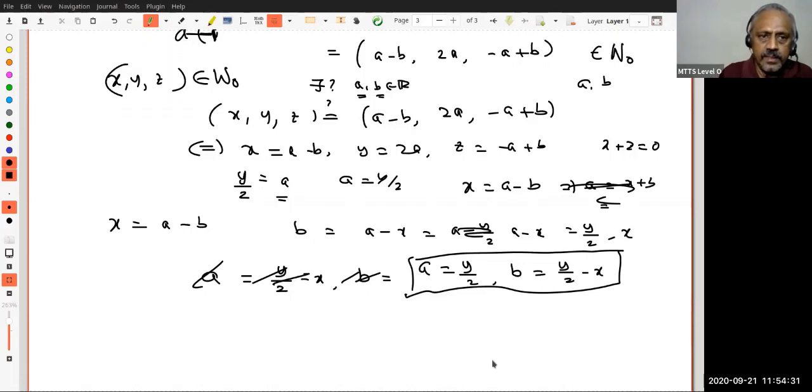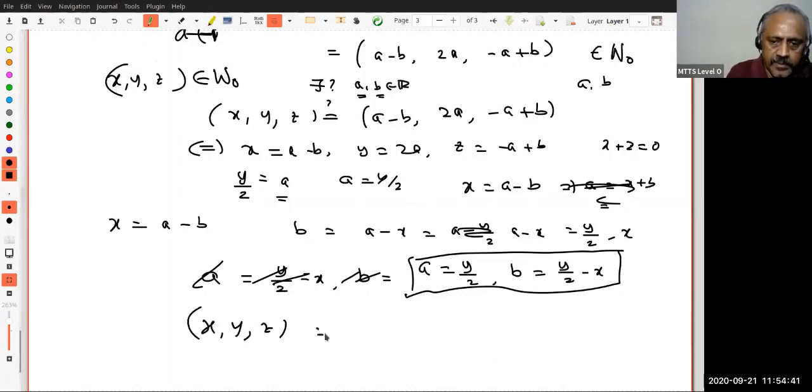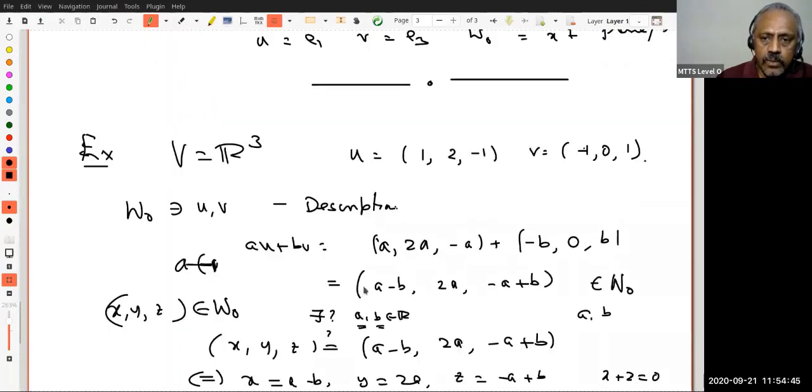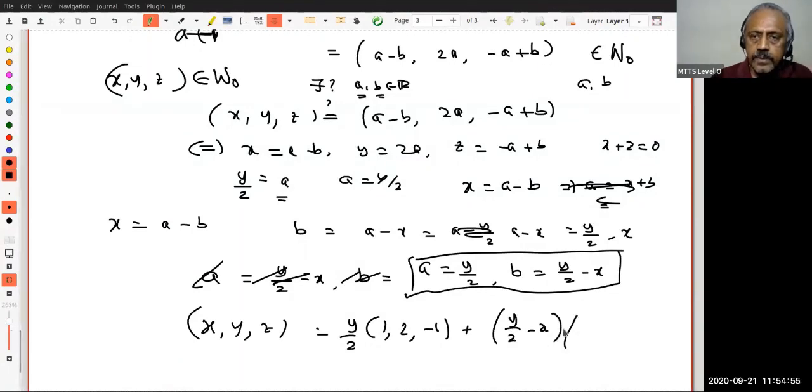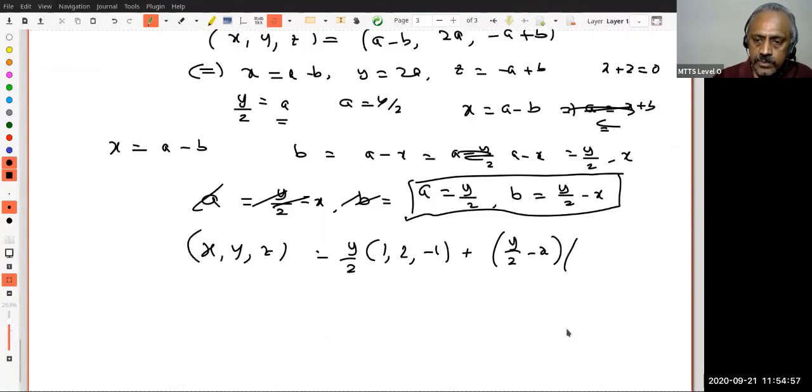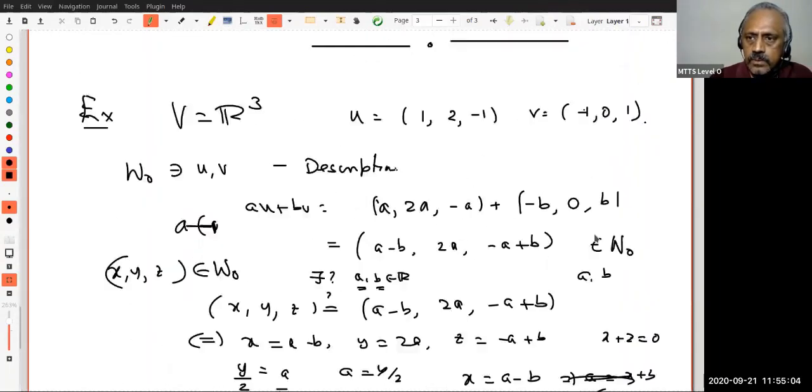So if x, y, z is in W naught, then I have solved for this. That means x, y, z is of the form y by 2 into the vector 1, 2, minus 1, plus y by 2 minus x into the vector minus 1, 0, 1, sorry.